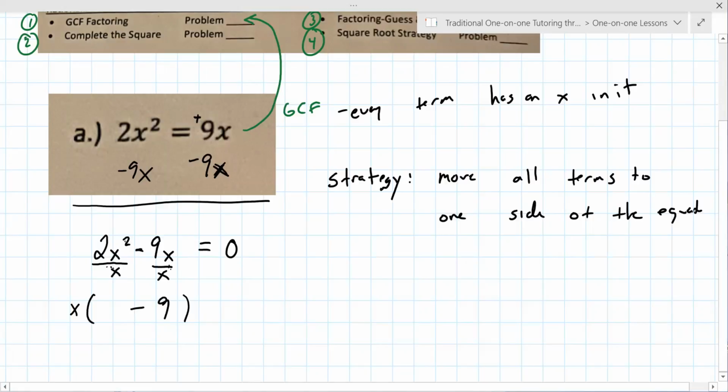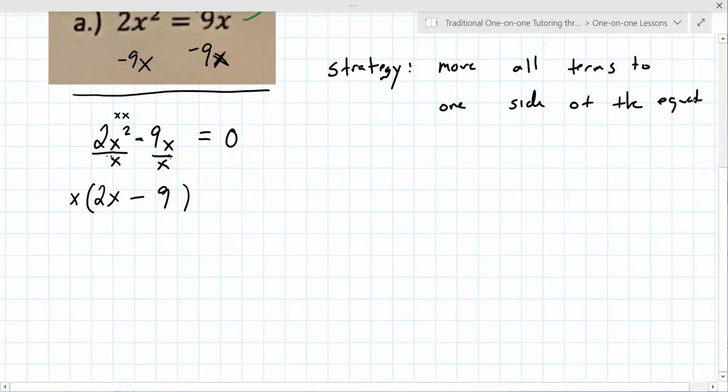Up here, there's x squared, meaning that's x times x, and then you have 1x on the bottom. Do you see how one of those x's cancels with the one on the bottom? Let me write that down. 2x squared is really 2x times x, and then you divide by x.